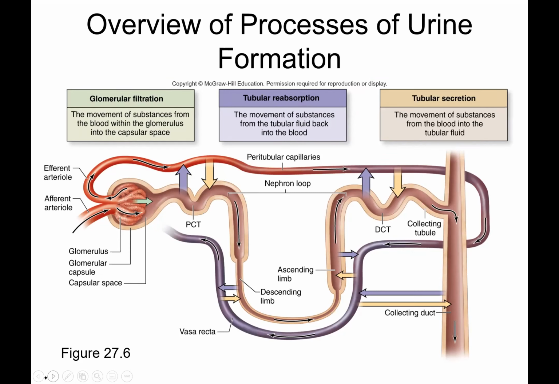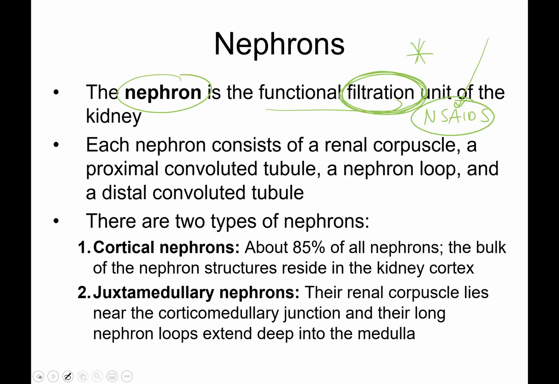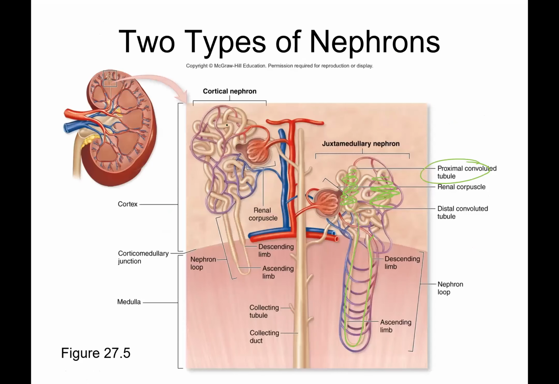With all the convoluted things that you see, that just looks like a big twisty mess. But really what that is, it's to increase surface area to allow for maximal absorption or reabsorption and getting rid of things, okay?